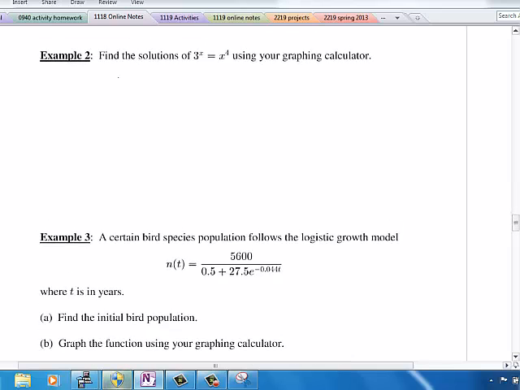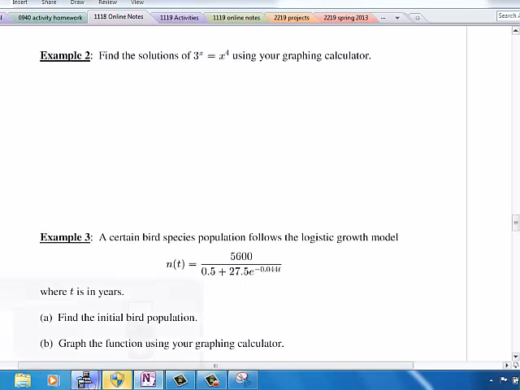So here what we've got is asking us to find the solutions of 3 to the x equals x to the 4th using your graphing calculator. And no matter how much math you take, you're not going to have a better approach than an approximate solution on your graphing calculator to something like this. When we have a mixture of exponential and polynomial equations like this, there's not a better approach than just an approximate solution using some numerical methods or your calculator.